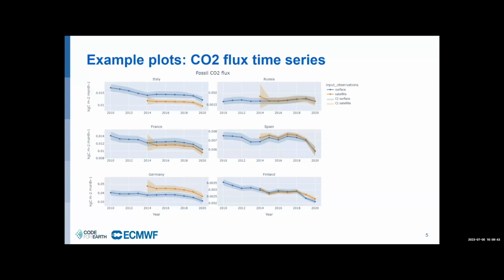With the blue line, we represent the air samples measurement, and with the orange one, the satellite measures. With the gray line is represented the spatial average. For each country, there is a spatial average, and the area around the gray line represents the 95% confidence interval.